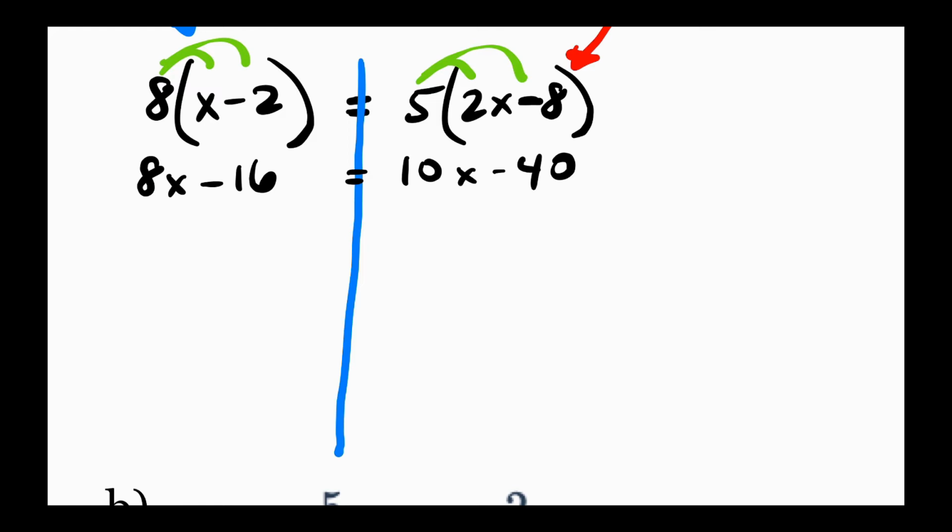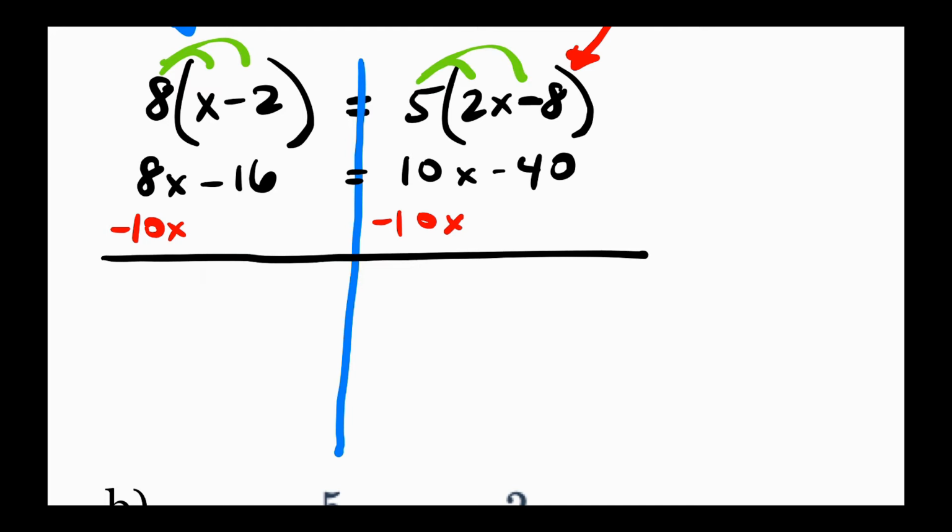So I like to get, you don't have to do it this way, but I like to get the x's on the left side and numbers on the other side. So subtract 10x from both sides, you get negative 2x, bring everything down.